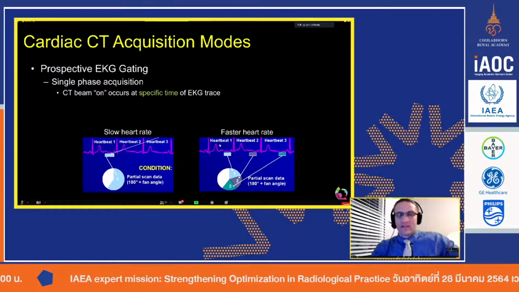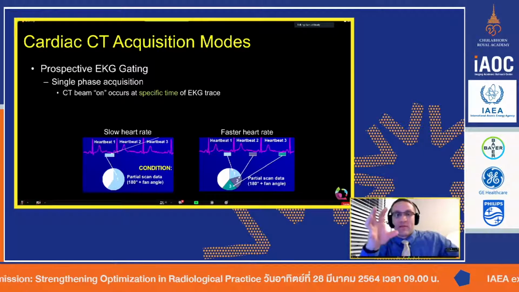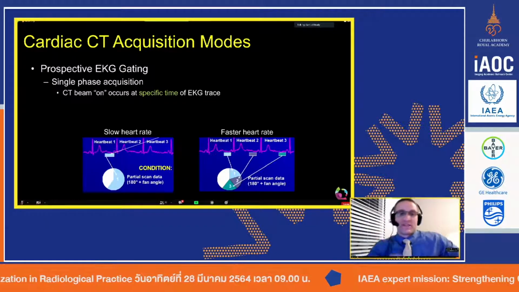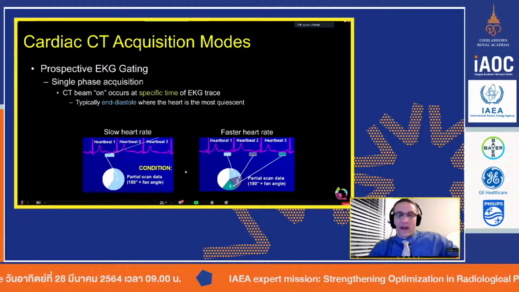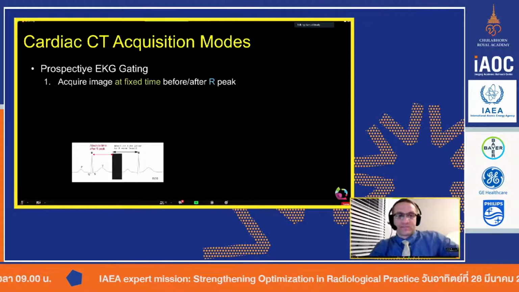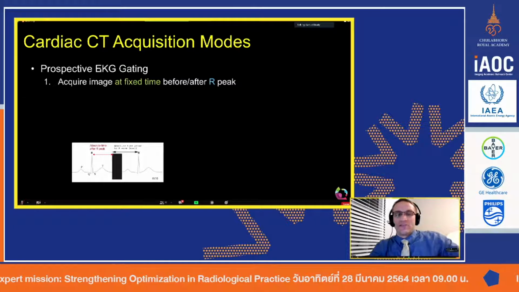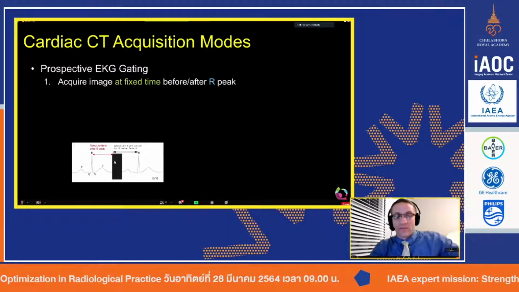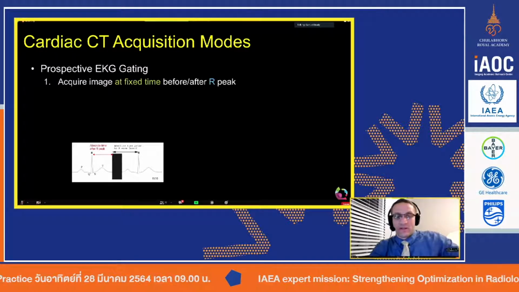The CT scanner can then see that trace and know when to turn the scanner on and off to collect the information it needs, but without overexposing the patient. So this is what we call prospective EKG gating, where you turn on the CT scanner only at a certain location along the heartbeat.